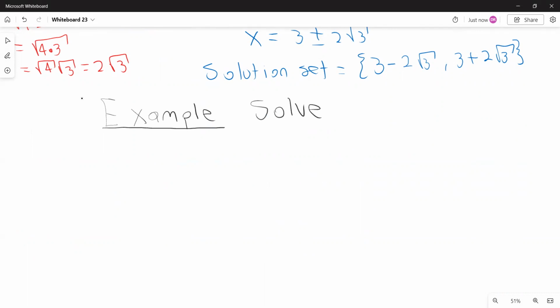Okay, we're going to solve 4x squared plus 4x plus 7 equals 0. So again, we have an expression that cannot be factored, or it can be factored, but it's not easy to factor. So we're going to complete the square. So step number 1.